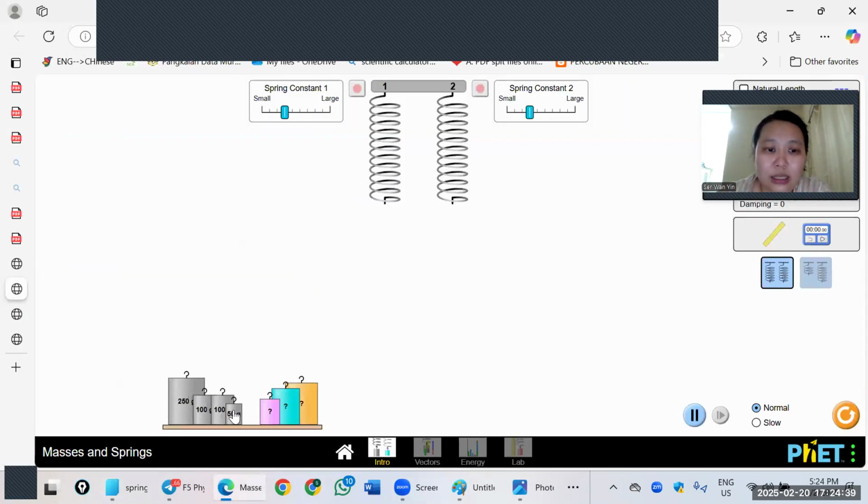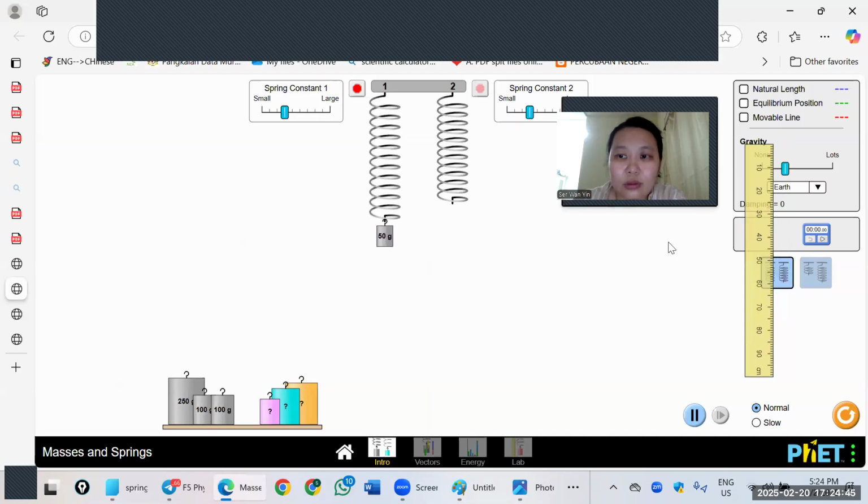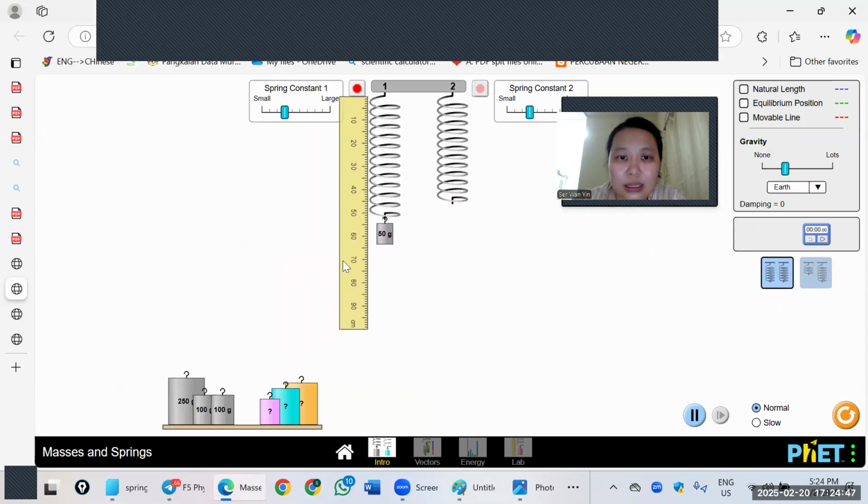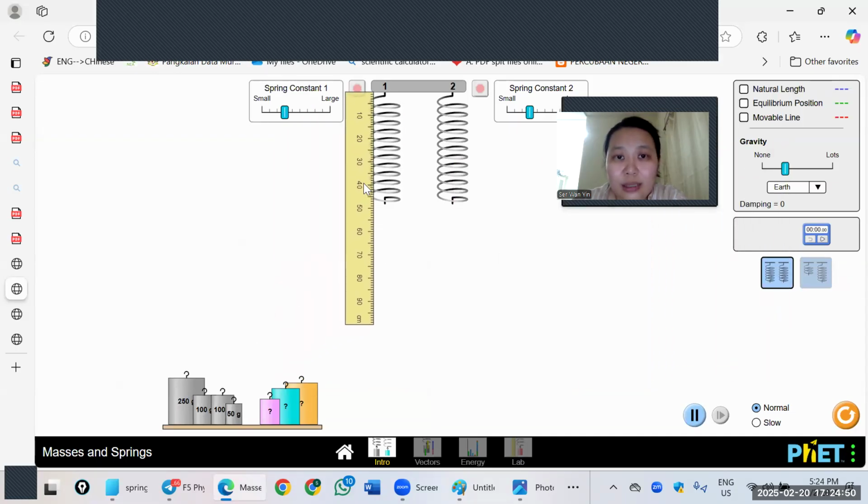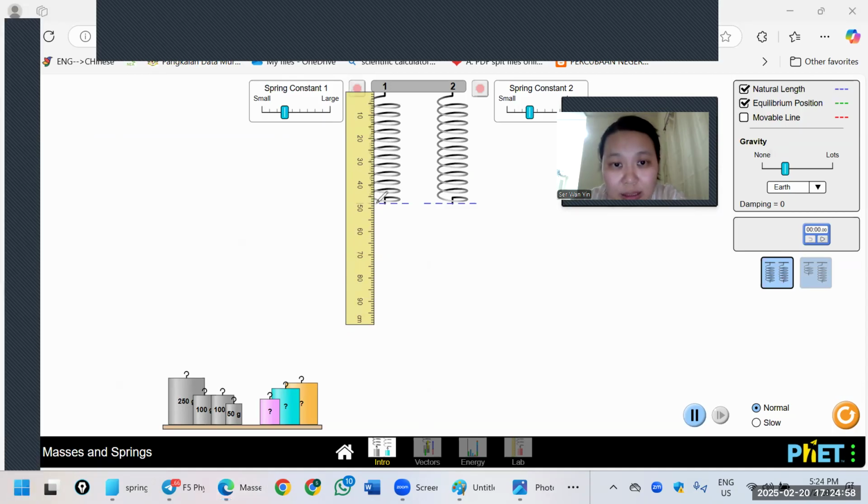Like next week when you all do the experiment, see, original length is from here to here, let's say it will be 48 cm.